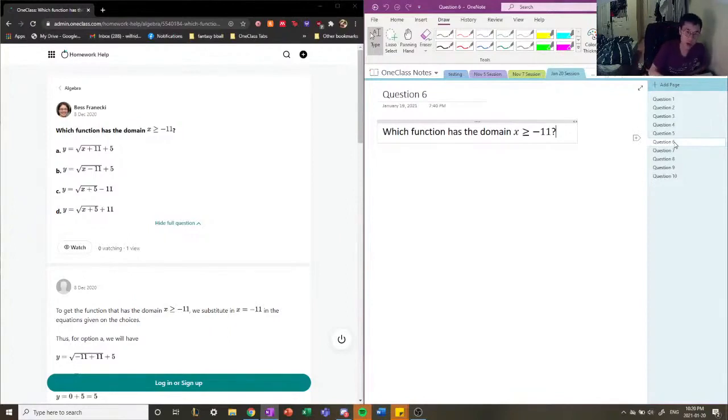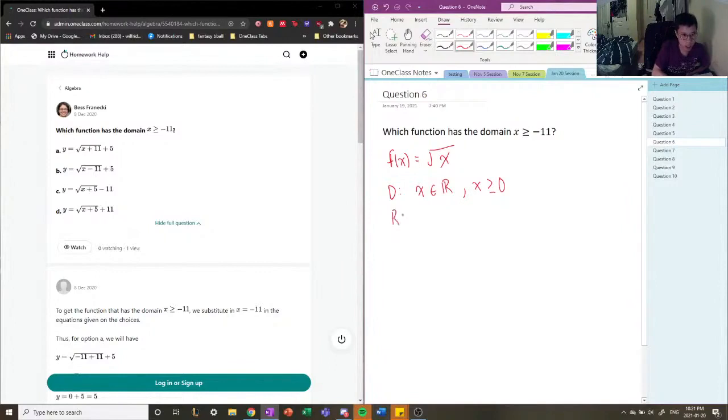In the case of our square root function, the parent function looks like this, where f of x is equal to the square root of x, and you can have different kinds of alterations around that. Its domain is going to be x belongs to all real values, except x has to be greater or equal to 0.